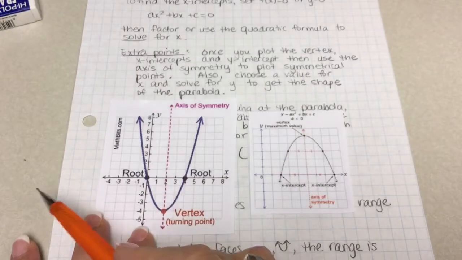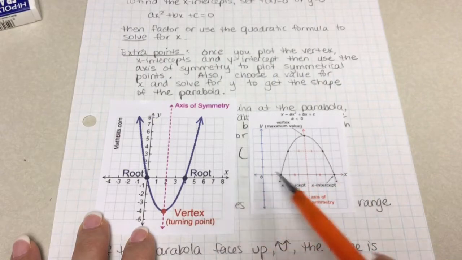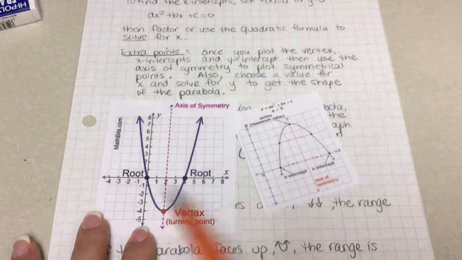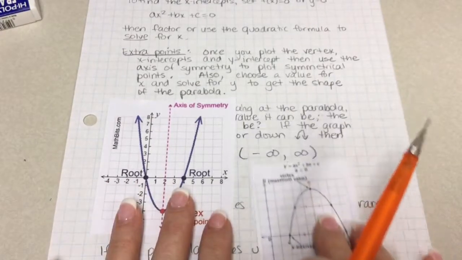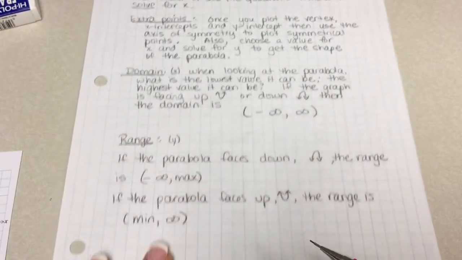And so it'll go to negative infinity for x. And then for the positive part of x, if I keep picking numbers like x is 1,000, this parabola will eventually keep going up. And so the domain, or the x values, whether it's pointing up or down, ends up being from negative infinity to positive infinity. So it's all real numbers.